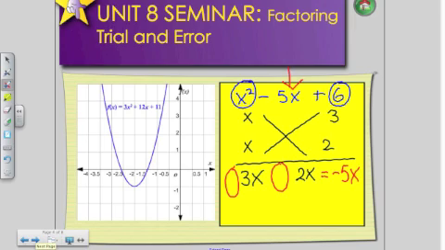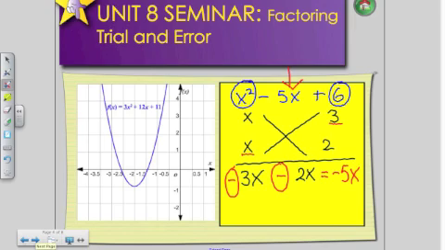So can someone tell me what those signs have to be in order to come up with negative 5x? Wilma? Very good. Negative 3x and a negative 2x. If we do that operation, negative 3x minus 2x, we will get a negative 5x. So now this is where we start plugging in the negatives and the positives. The way that I got 3x in the first place was cross-multiplying the 3 and the x.